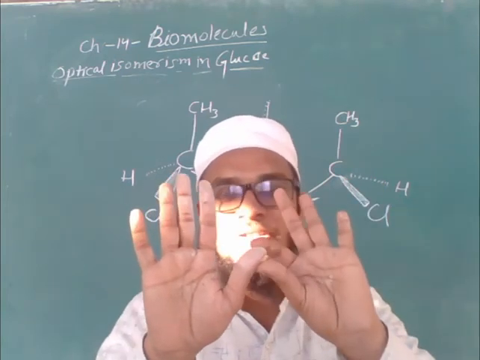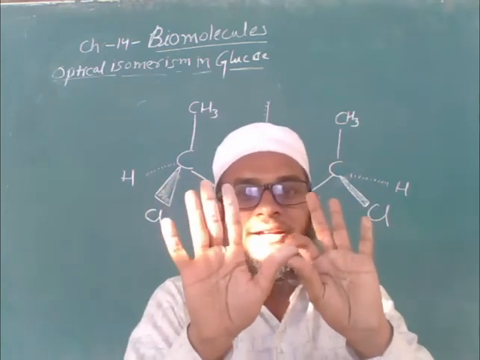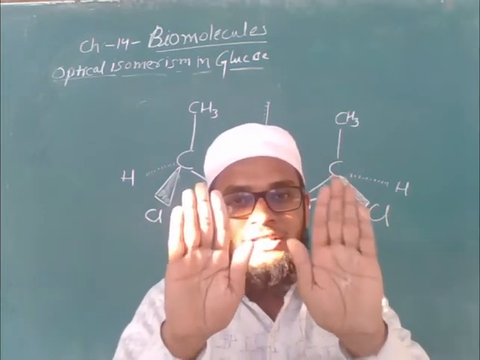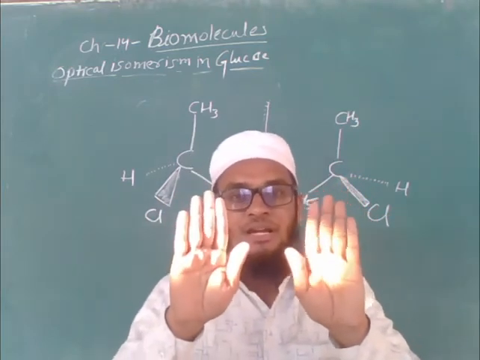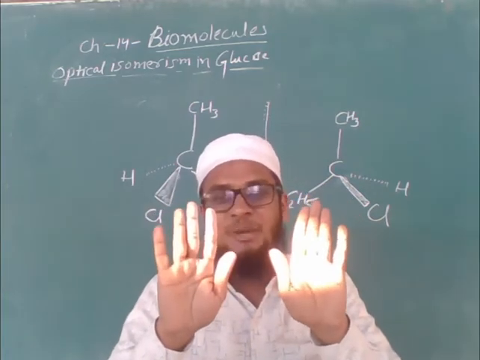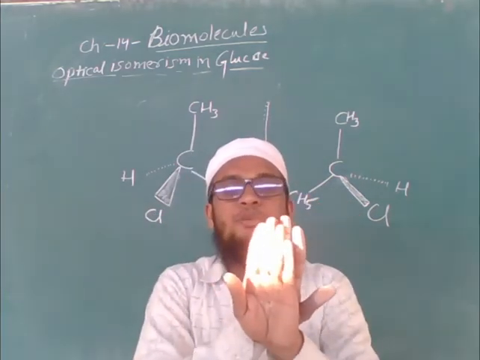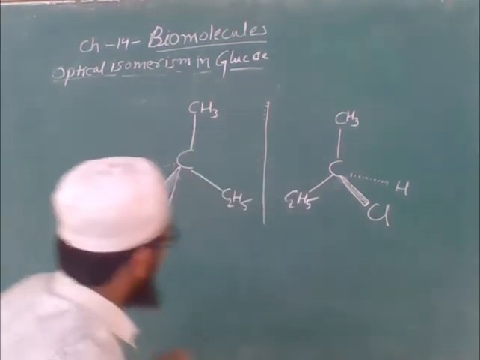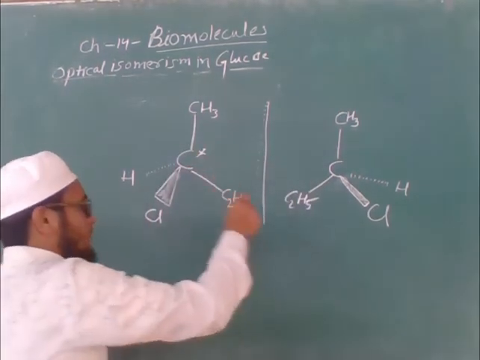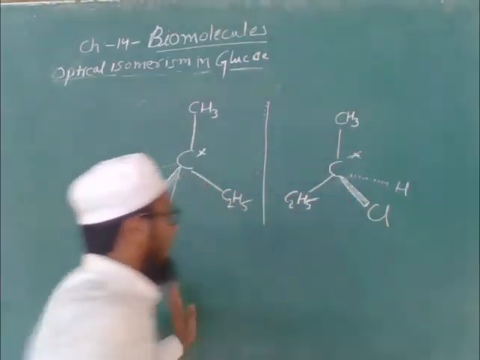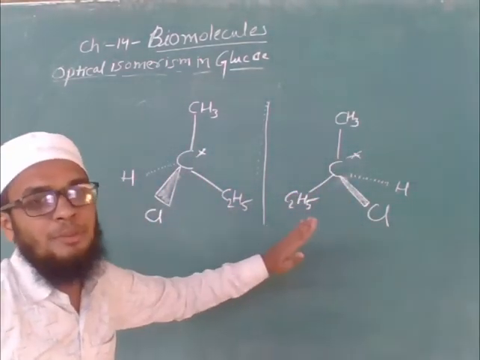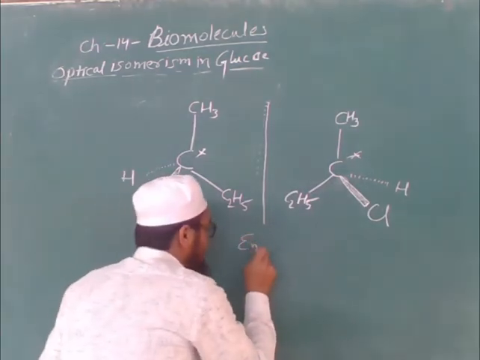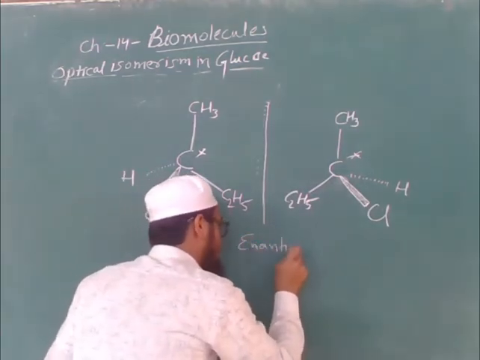It is towards the right side, it is towards the left side. So this is what is meant by stereochemistry: the arrangement of atoms in space is different. That's why they are not superimposing on one another. So suppose this chiral carbon, its mirror image is not superimposable on it, so it is called enantiomers.